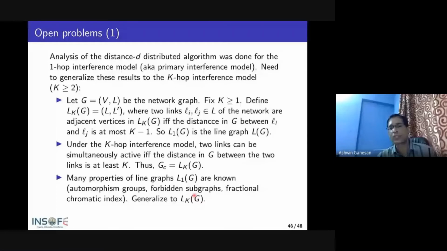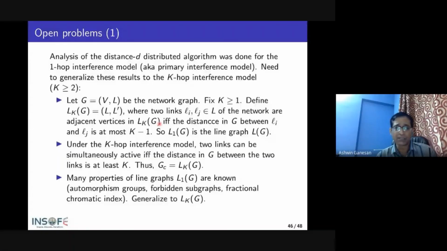One can find the fractional chromatic index of a line graph in polynomial time. It turns out that it's already been shown that one can't find a maximum matching or a fractional chromatic index of Lk of G in polynomial time. So the problem of Lk of G is more difficult, but it's an open problem. I mean, certainly L2 of G, the graph constructed from G in a very particular manner shown here, has a very particular structure to it, similar to how line graphs have particular structure to it.